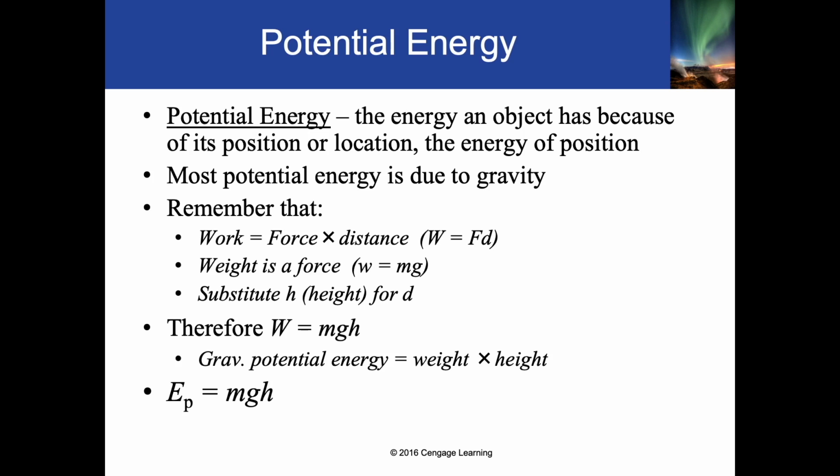If you just wanted the gravitational potential energy, that's basically the weight times the height. It's the same thing, weight times height. So overall, your potential energy equation is mass times gravity times height. Contrast that with the kinetic energy equation. Remember, it was 1/2 times the mass times the velocity squared.